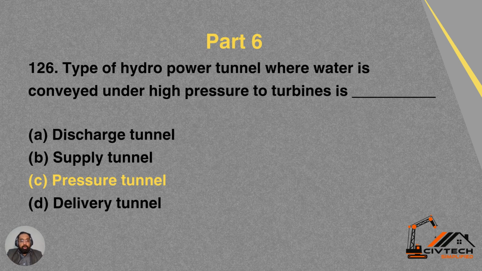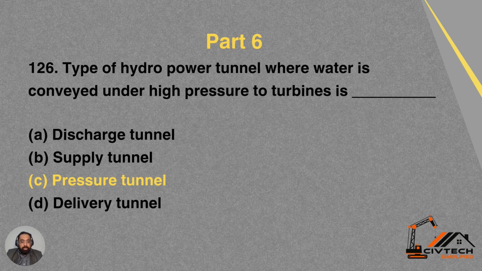Question number 126. The type of hydropower tunnel where water is conveyed under high pressure to turbines is dash. What is the type of tunnel in which water is conveyed under high pressure to the turbine? Option A, discharge tunnel. Option B, supply tunnel. Option C, pressure tunnel. Option D, delivery tunnel.